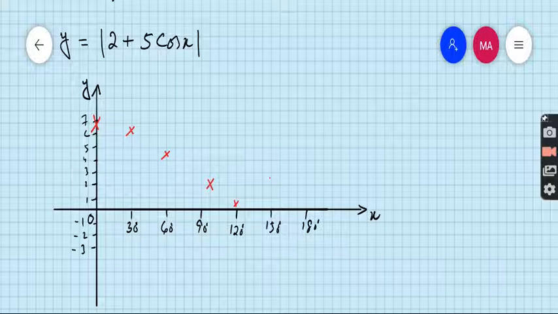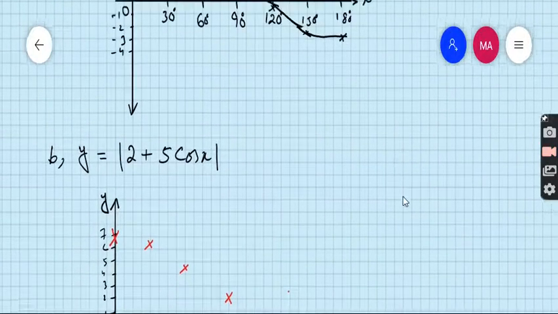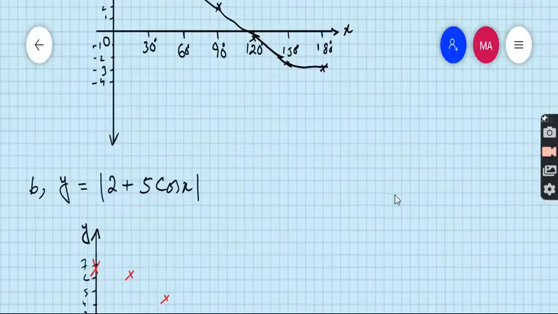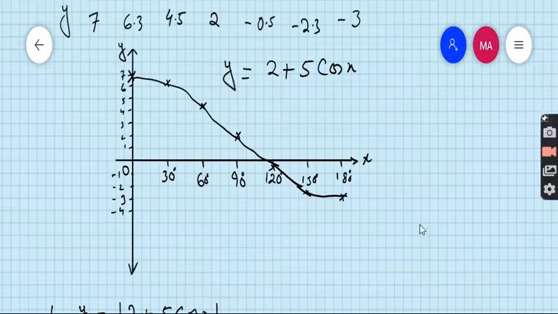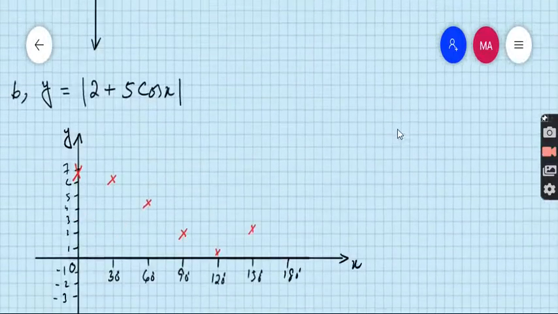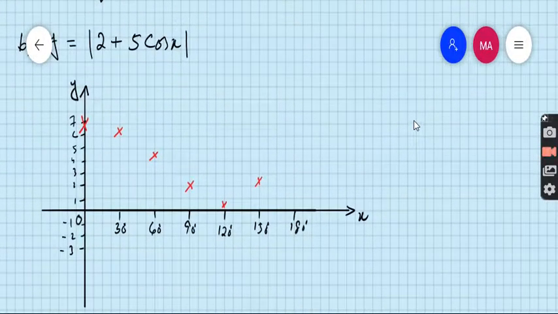This one. This is wrong. This should be over here. And for 180 the value is minus 3. It should be plus 3, because this is an absolute valued function.